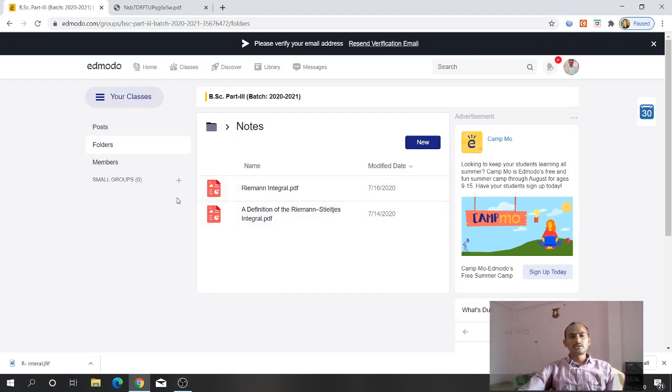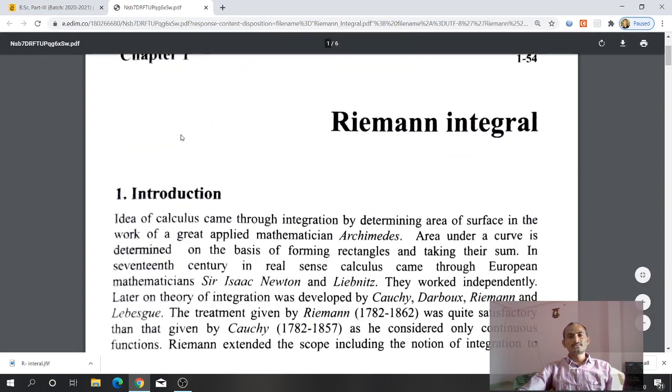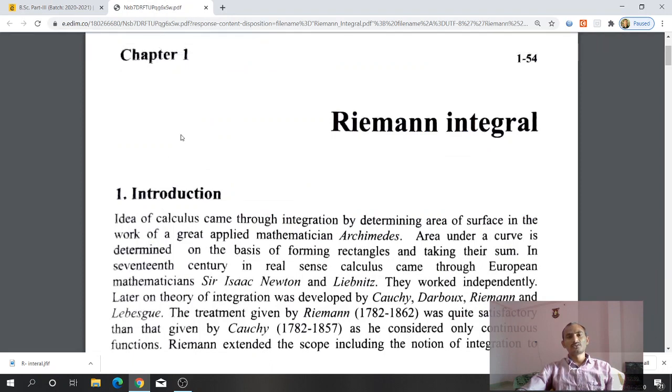In it there is a folder called notes. We have given the notes for your chapter Riemann integral. Click on this Riemann integral PDF. This is the first chapter of your mathematical analysis paper.